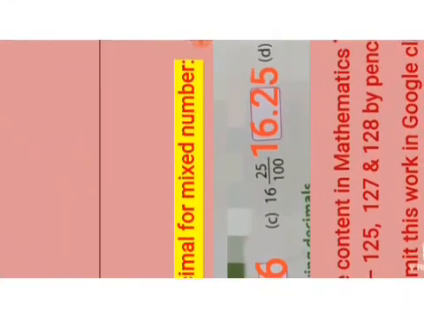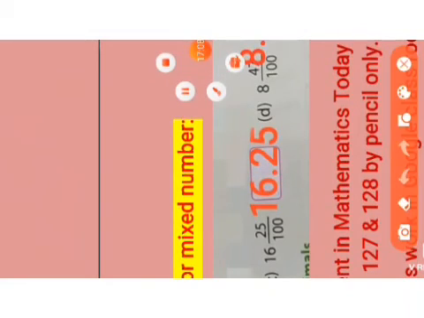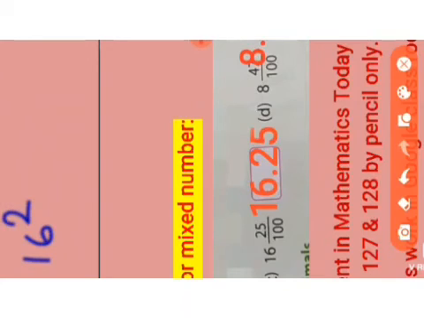Next one you can see is 16 and 25/100. 16 is the whole number, so no problem. 25 by 100. So as I told you, what to do?